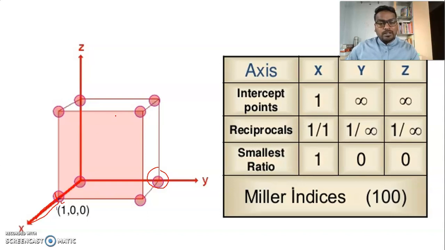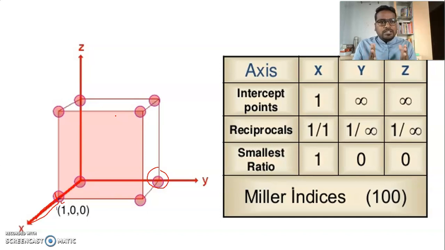But what are Miller indices? Miller indices are point coordinates used to indicate the vector form of a plane.